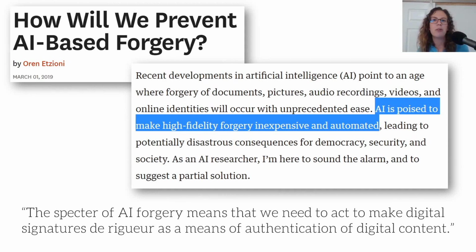Zeynep Tufekci, who does a lot of research on protests around the world and different social movements, has said that she's often approached by whistleblowers and dissidents who, in many cases, will risk their lives to publicize a wrongdoing or human rights violation, only to have bad actors say, oh, that picture was photoshopped, that was faked. It's now this big issue for whistleblowers and dissidents of how can they verify what they are saying, and that need for verification.